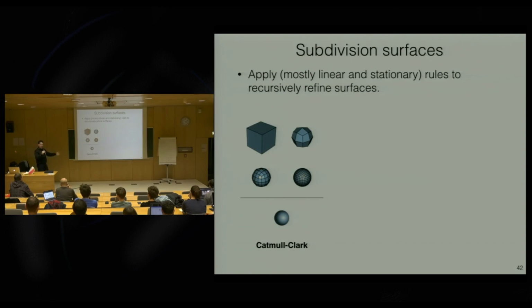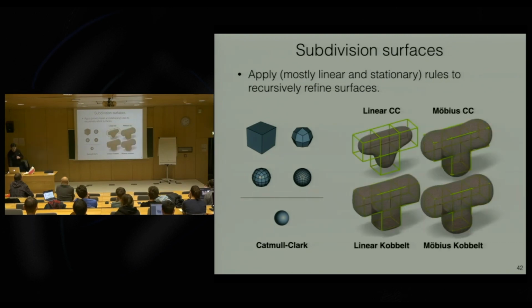So you refine the curve by repeated smoothing until it becomes some kind of limit surface. That's how subdivision is done. Now the rules are usually linear, aka it's a multiplication with a matrix, and stationary, which means the matrix is constant. It doesn't depend on the vertices.